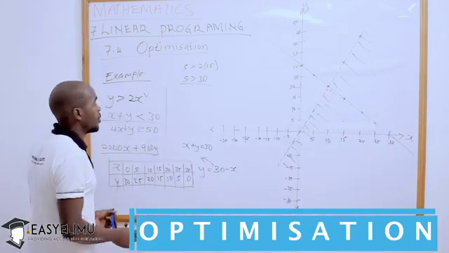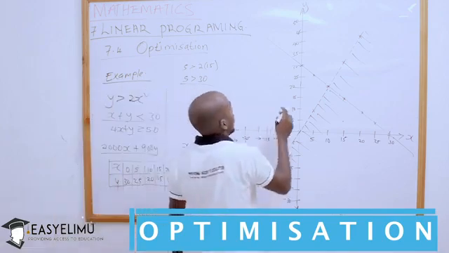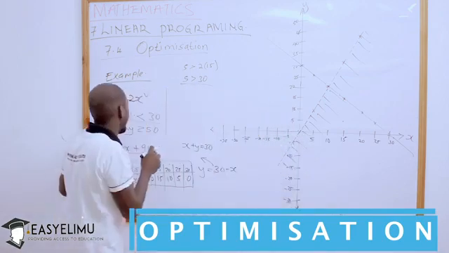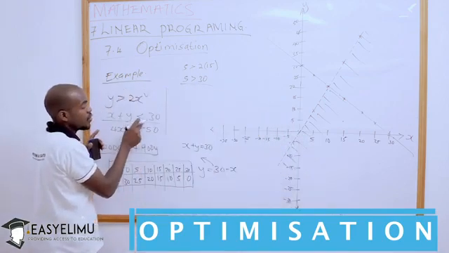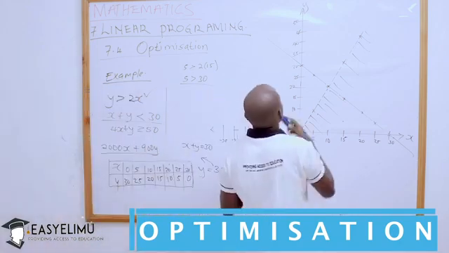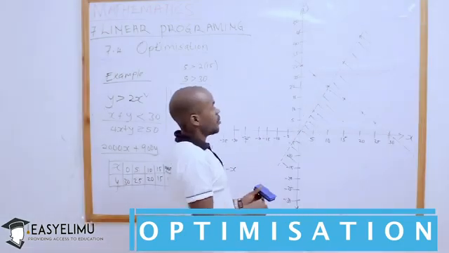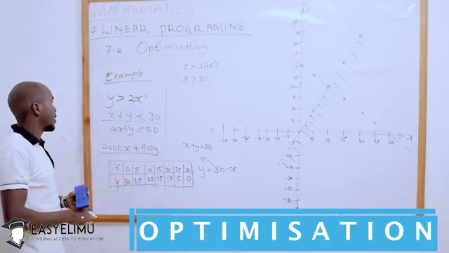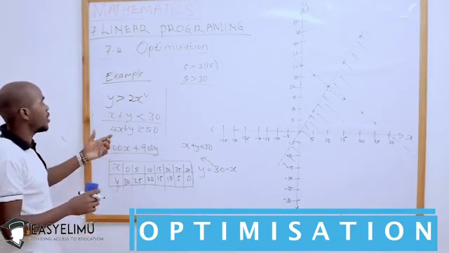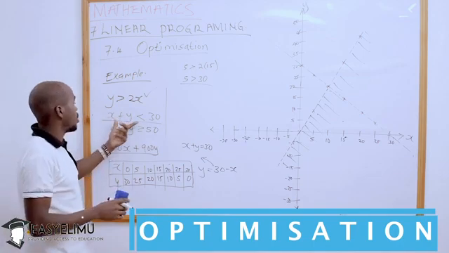So on plotting, we shall draw a line like that, and remember that line will be dotted because this one is less than. So I'm going to make my line dotted, a dotted line as that.